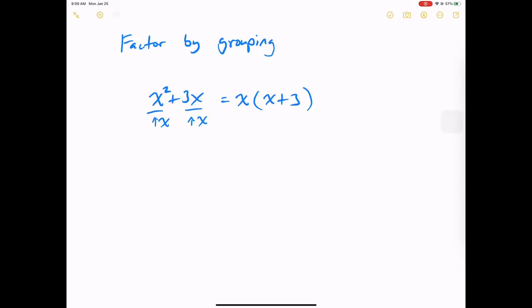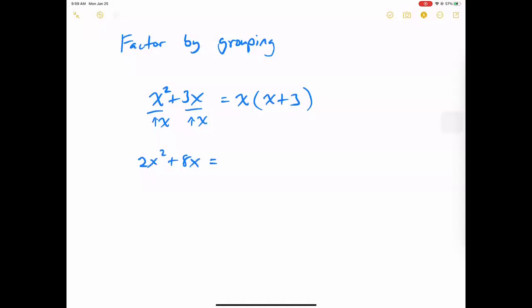We can do this with variables. Sometimes we can do this with numbers. Okay, in this case, I see a common 2x in both. Now, you can only factor by grouping if you do have a common factor in both the terms, or in 3 of the terms, 4 of the terms. So, since I have a common 2x, I'm going to write 2x in the front, and we end up with x plus 4.